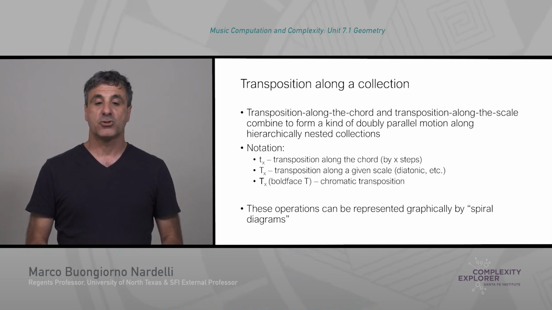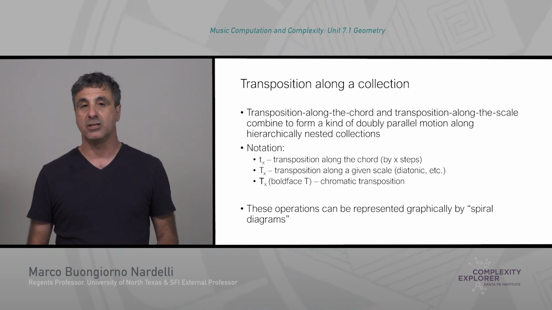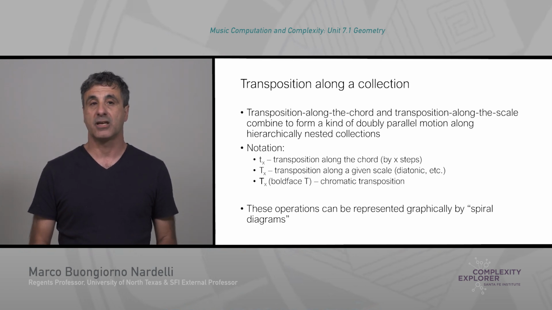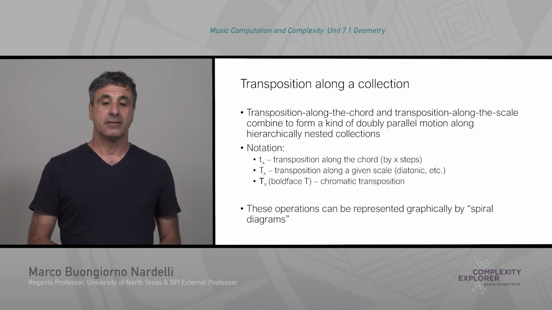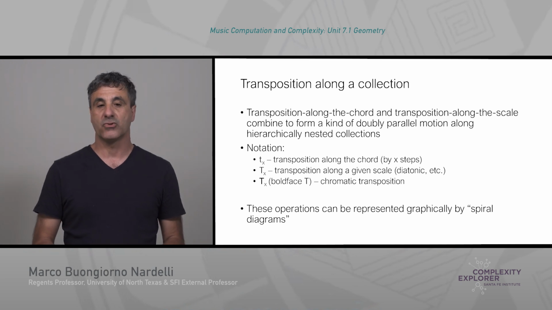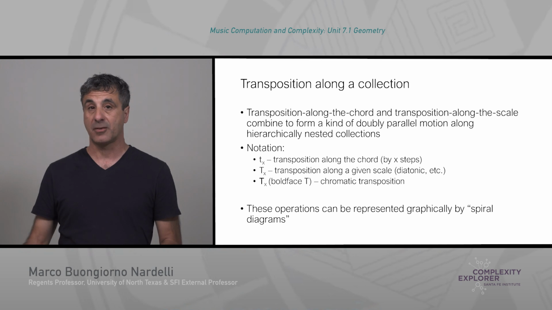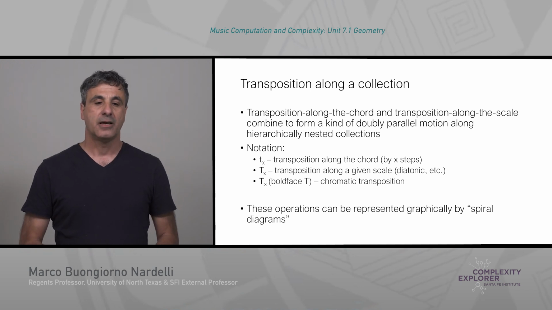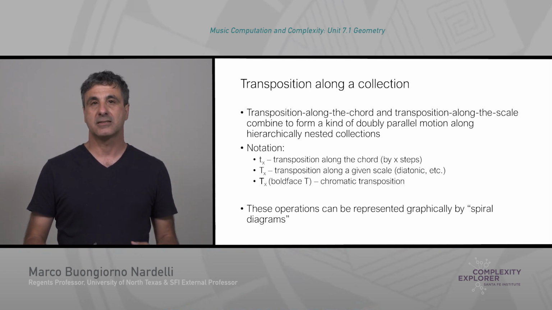Then we have a transposition along a given scale. For instance, if I have a C major chord, C, E, G, that lives on the C major scale, C, D, E, F, G, A, B, then if I transpose along this scale, I use this operator, capital Tx, where x is again the number of steps I use in the transposition. And finally, the highest level of the hierarchy is boldface capital Tx, the transposition along the chromatic collection.